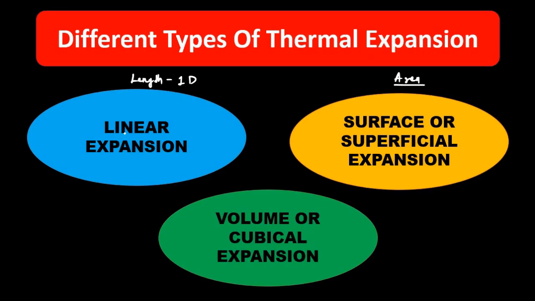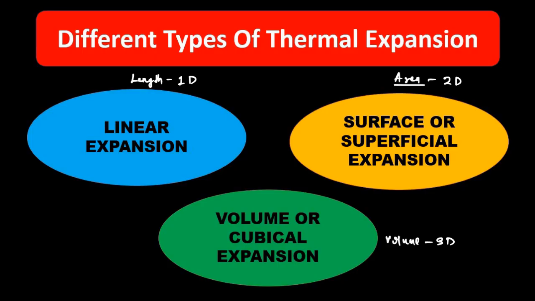This is two dimensional, in two ways, length and breadth, or breadth and height, or height and length, like that. So there is a change or increase in area. Another one is volume or cubical expansion. This is in terms of volume, which is three dimensional. There is change in three dimensions, length, breadth, height, x, y, z axis, I mean all three are involved. So we'll discuss them one by one.